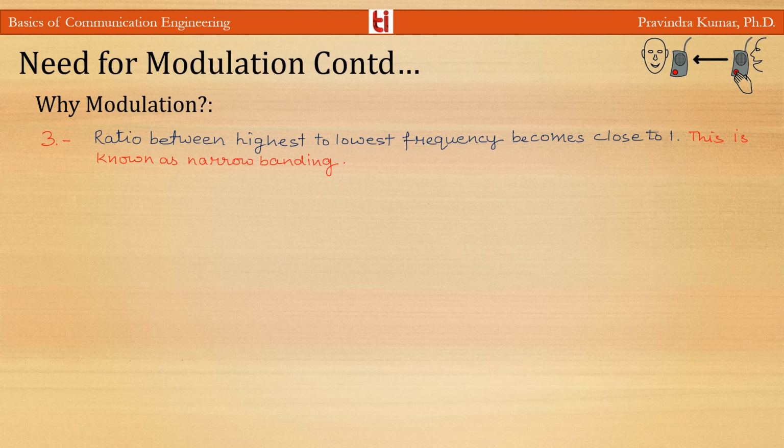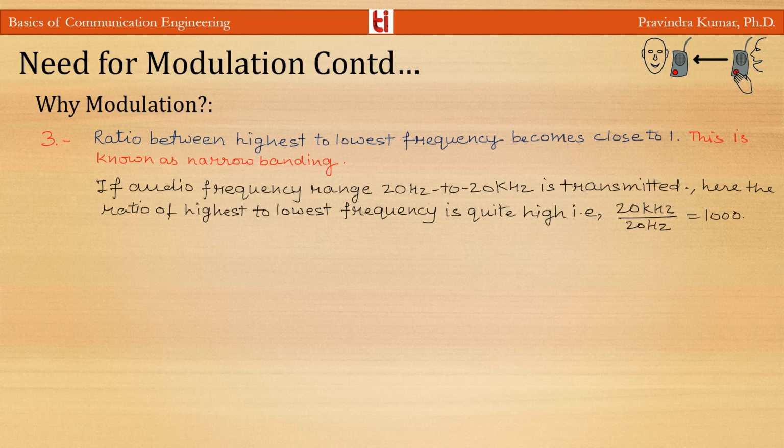And the third important benefit of modulation is narrow banding. Narrow banding means the ratio between the highest and lowest frequency becomes close to 1. Suppose you are trying to send a high fidelity audio frequency range, 20 hertz to 20 kilohertz.